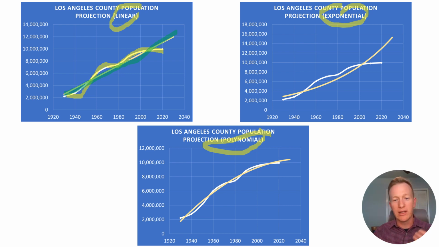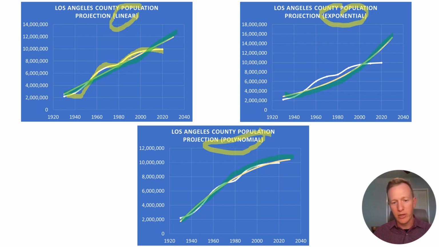And in Excel, you can actually put in the number of curves or bends that you want to allow. So in the exponential approach, you can see that the trend line comes way up here. And then in this last polynomial approach, we allowed for 2 curves in this line. And so what we're looking for is in which case do we have a trend line that most closely matches the actual population line.